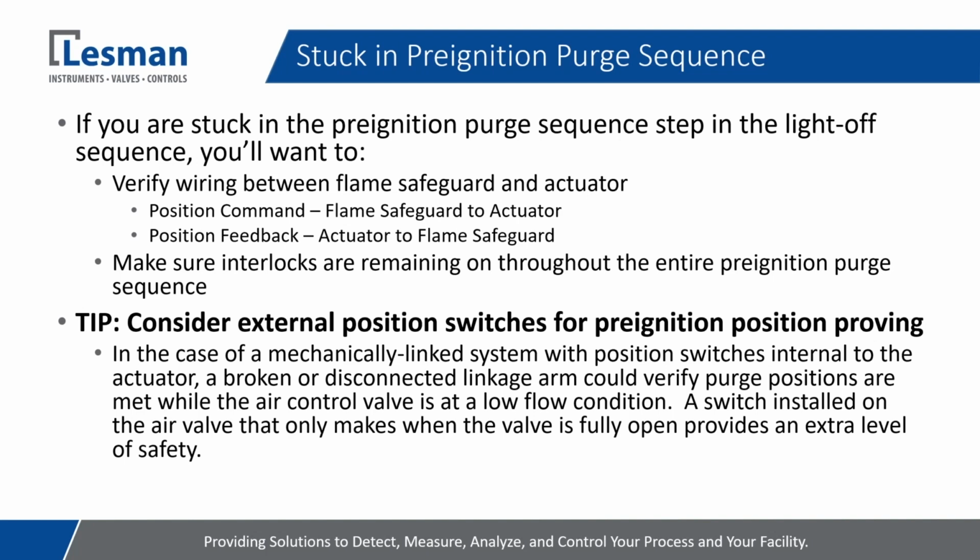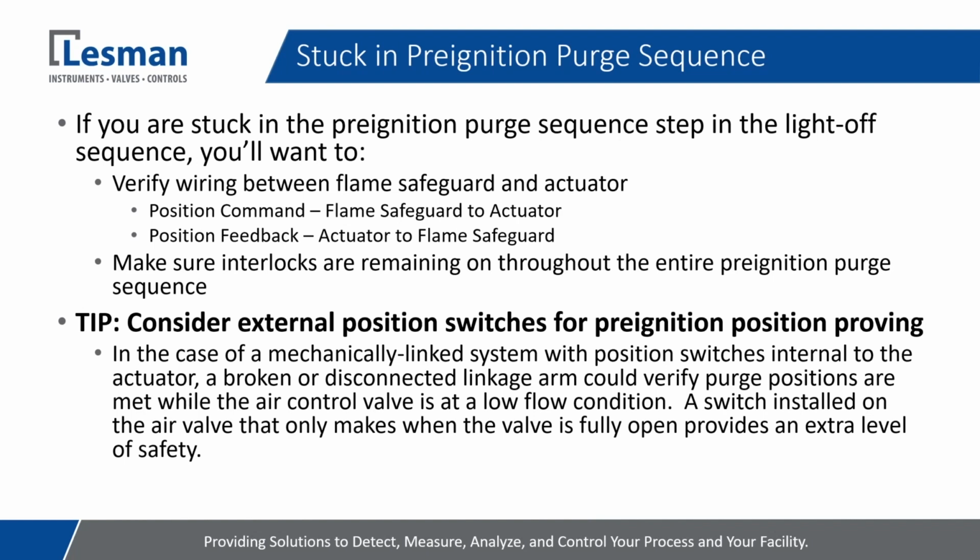If you think about operators adjusting linkages, and you have somebody that's going through and doing some adjustment and then they leave a piece of the linkage loose or something becomes disconnected, you could get into a condition where, during the light off sequence, the flame safeguard commands the actuator to go to high fire.